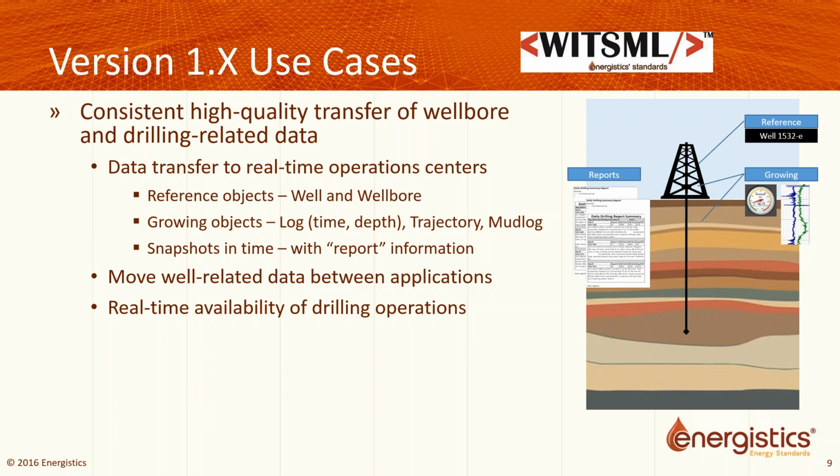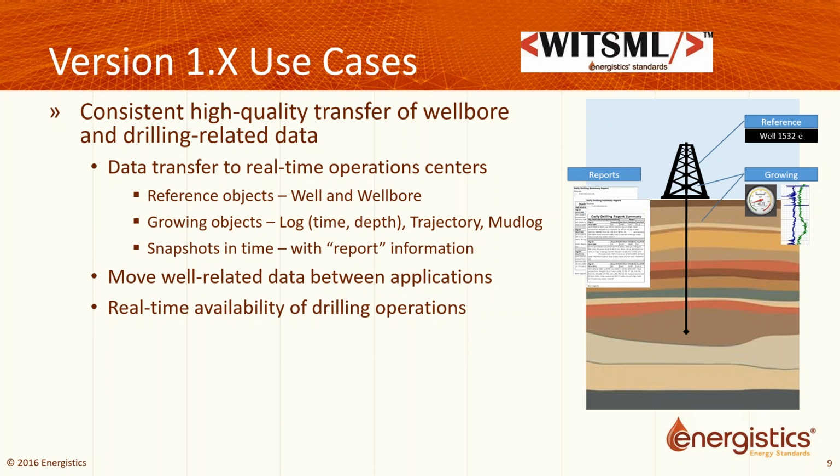The kind of data it transfers are grouped together in 3 large areas. You have typical things which are reference information that doesn't ever change, like the well and the wellbore, and what's the makeup of a bottom hole assembly, and those types of things that don't really change as you drill ahead. Then there are 2 kinds of objects that we move data in that change over time.